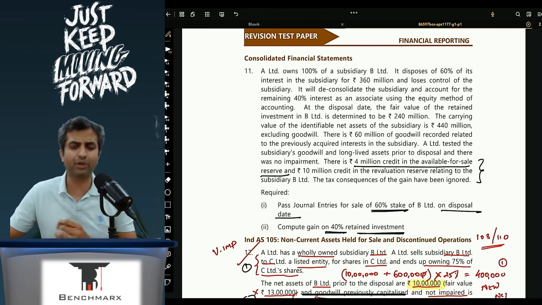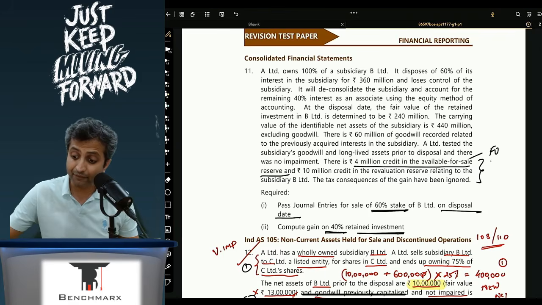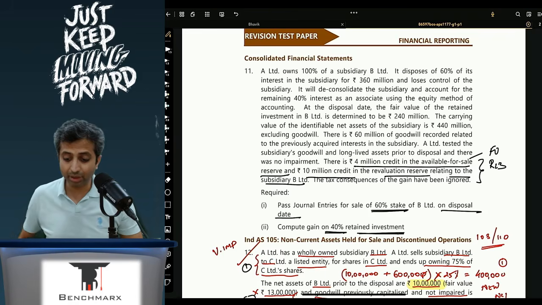The new thing over here, I mean, it's not really new, but there's a 4 million credit in available for sale reserve. Available for sale reserve is like the fair value reserve, and there is a 10 million credit in revaluation reserve relating to subsidiary B. Now this available for sale reserve, it's a fair value reserve, can be on debt instruments, in which case it is a reclassifiable OCI, or equity instruments, in which case it is a non-reclassifiable OCI.